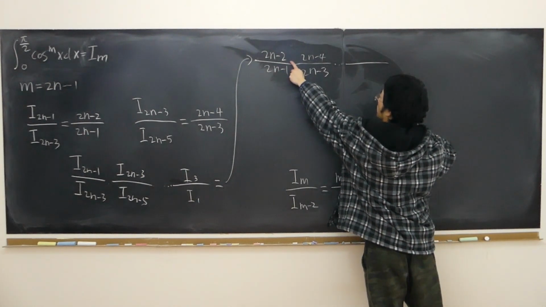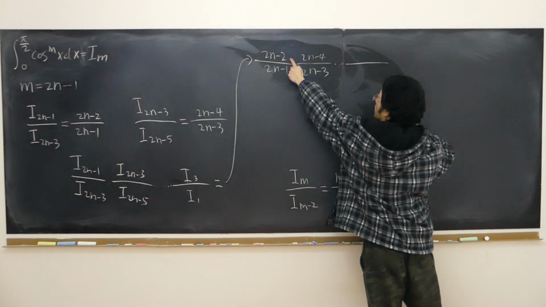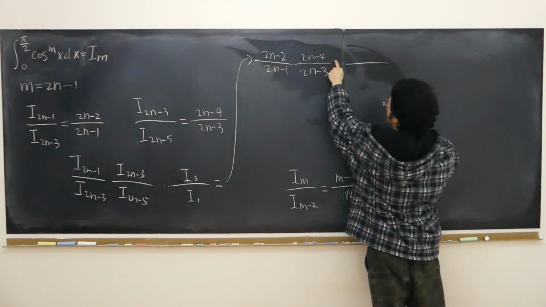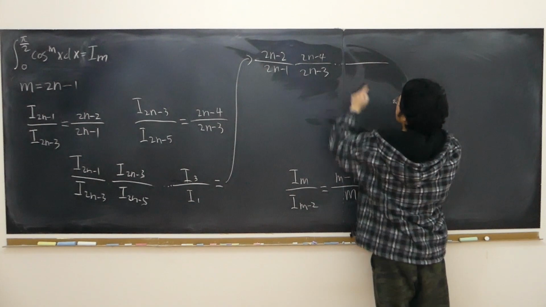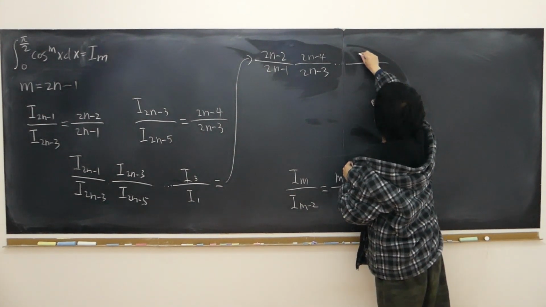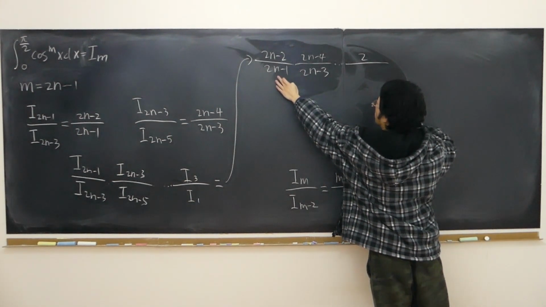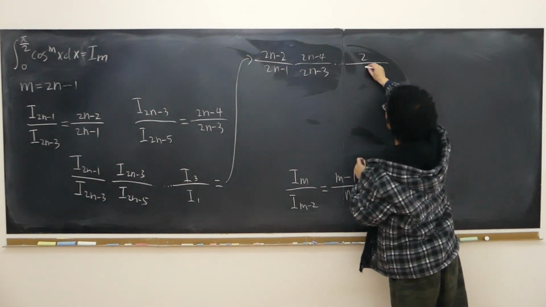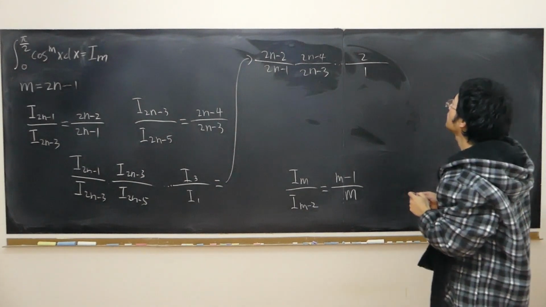So an even number, a consecutive even number, and another consecutive even number, all the way down to 2. So an odd number, a consecutive odd number, another consecutive odd, so all the way down to 1, if I'm correct. Okay.